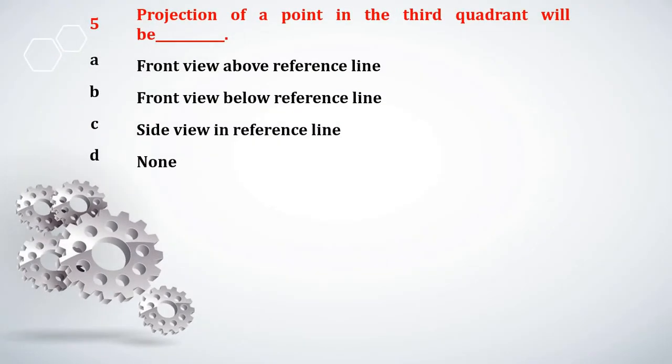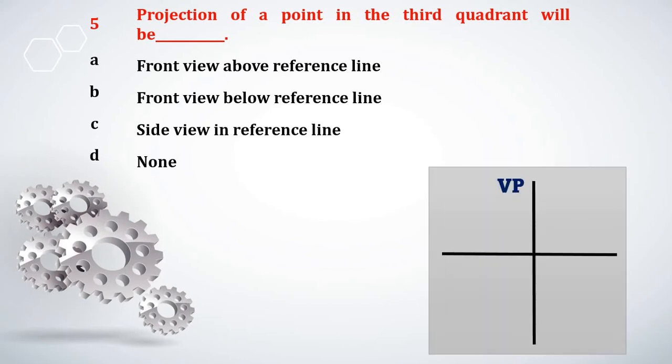Then the fifth question: the projection of a point in the third quadrant will be: A, front view above reference line; B, front view below reference line; C, side view in reference line; option D, none of the above. Again we will see it with the help of the quadrant system.